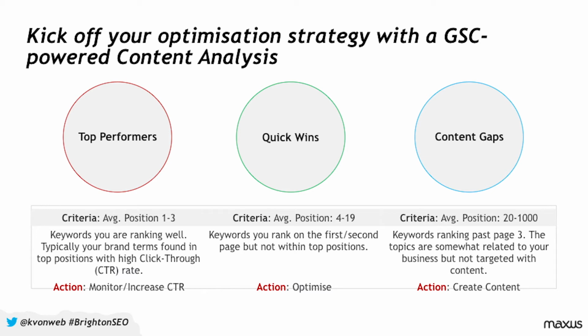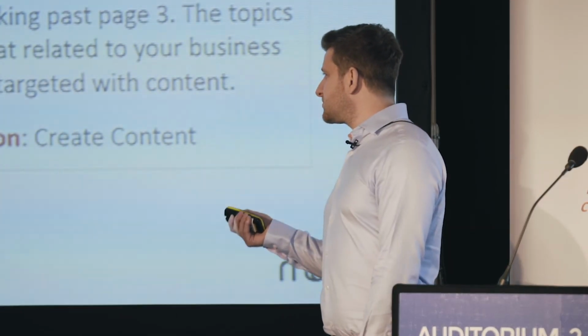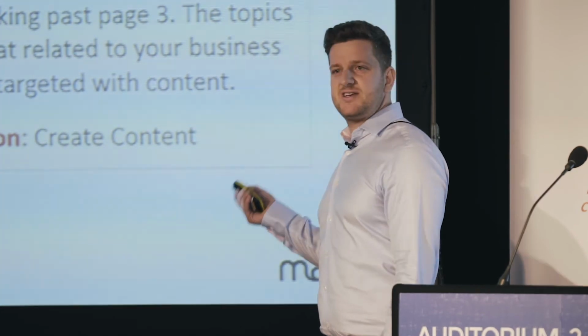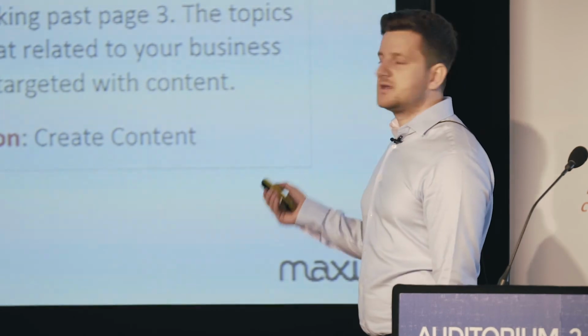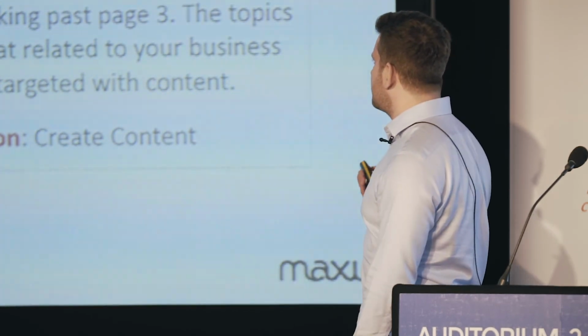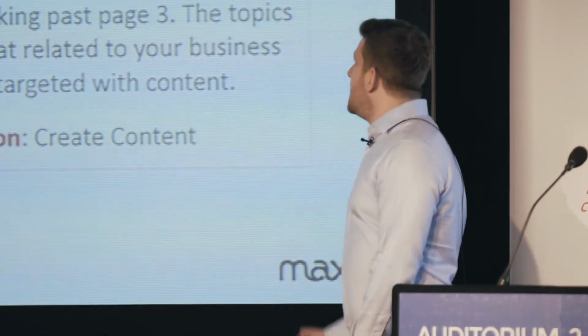My top performers, this is where I have all of the keywords I rank on top positions, mainly your brand terms. Quick wins, keywords that you rank in between position 4 and 20, second page. And then lastly, my content gaps, keywords that you rank from between position 20 and infinity.